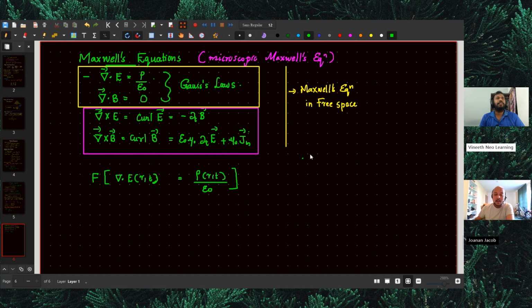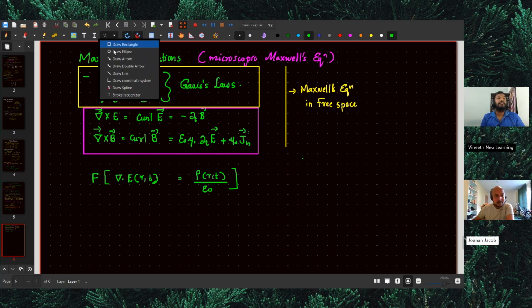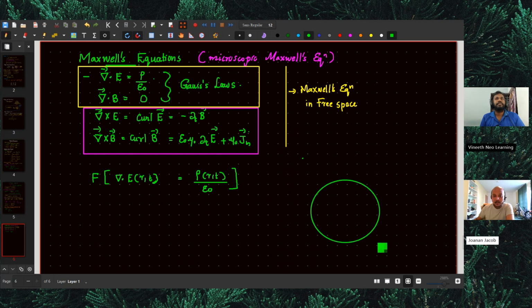These are dynamic equations, so charge may change. A simple example: suppose you have a spherical charge density, and I apply a changing electric field here. This electric field will in turn change the charge distribution by the force acting on it, isn't it?